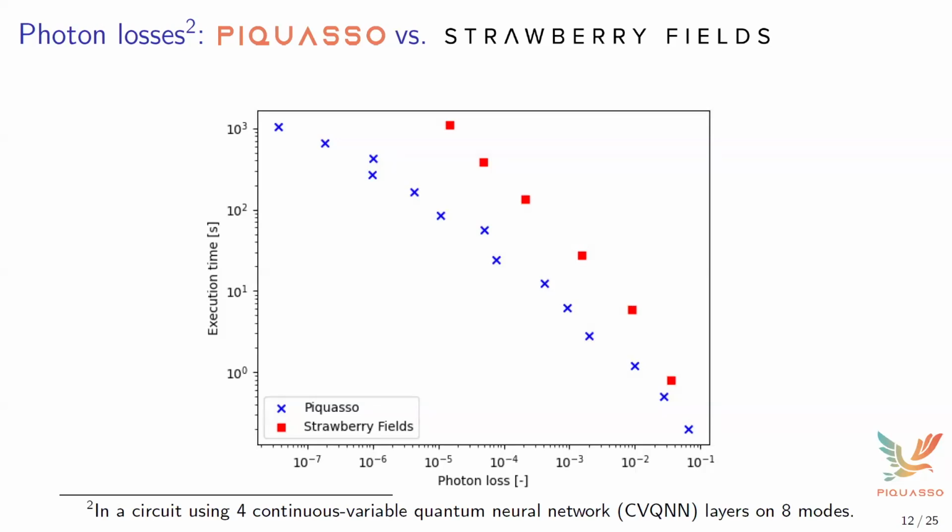But it probably depends on the use case. It's interesting, but you can increase the cutoff in Piquasso as well. So if you increase the cutoff with Piquasso, then you could actually contain the Strawberry Fields cutoff. But I don't know if that will be faster or not. Maybe it wouldn't in that scenario, because it's different. So it depends on the use case, I think.